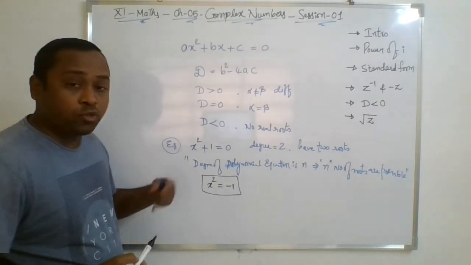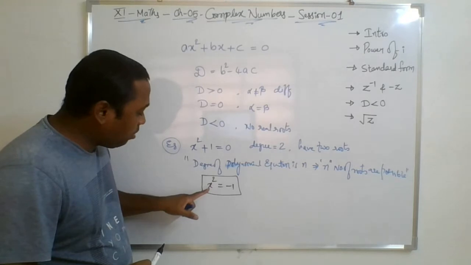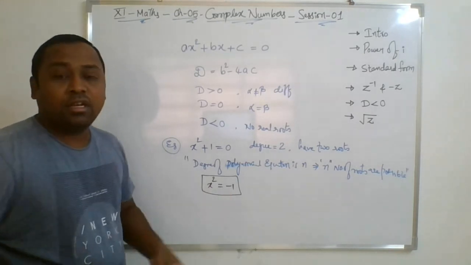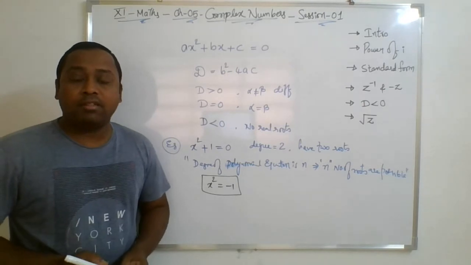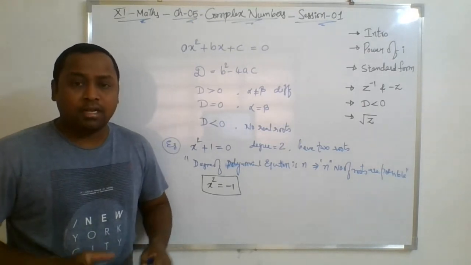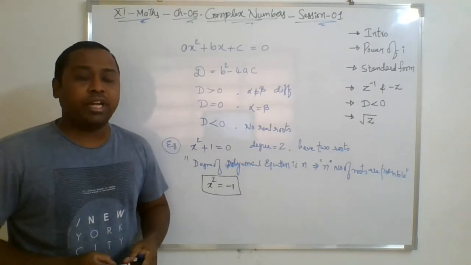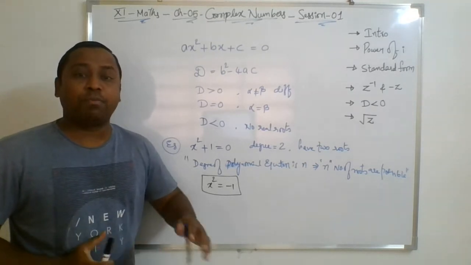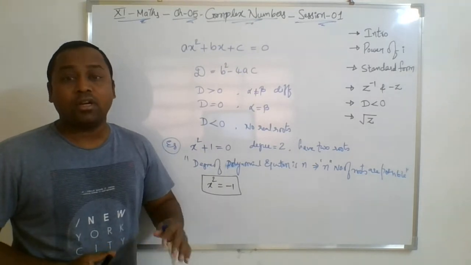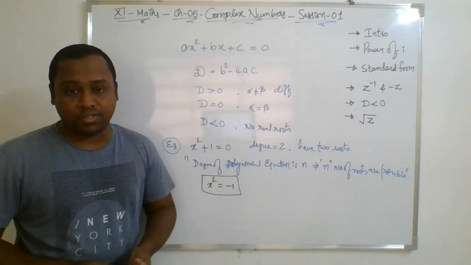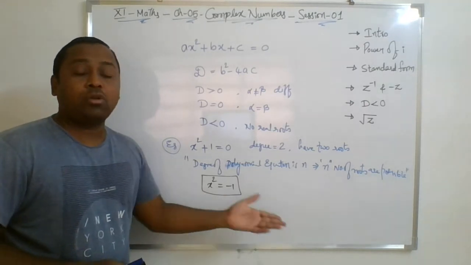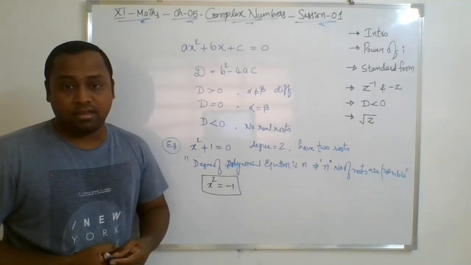It means the square of a number is negative, which is not possible in the real number system. It means there is a system beyond the real number system which we need to understand, and that we call the complex number system, where this type of numbers can also be defined, right?